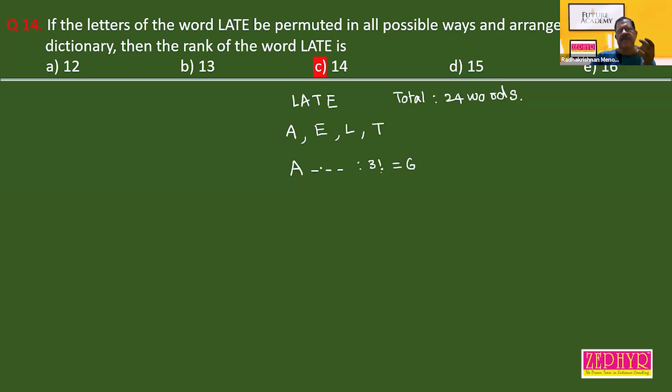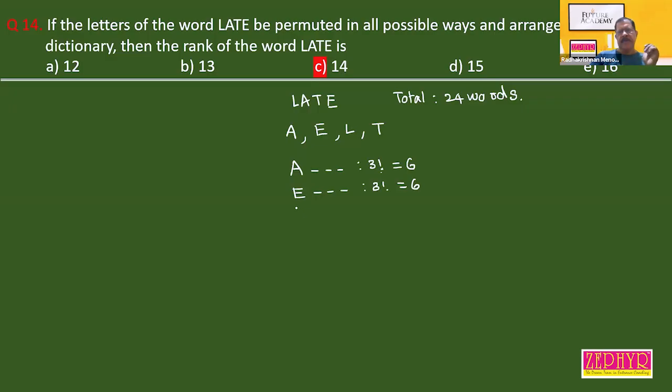That doesn't contain the word LATE. Now, the 6 words starting with the letter E. The word LATE will not be included in that one. So 12 are already gone.